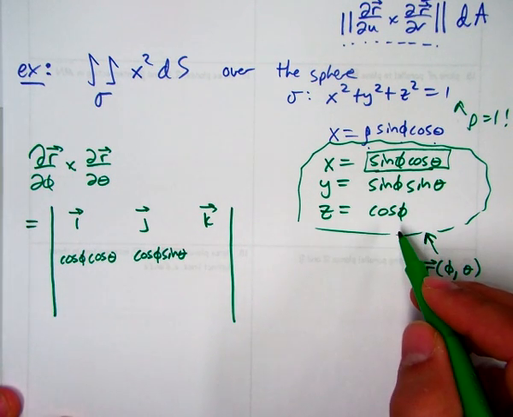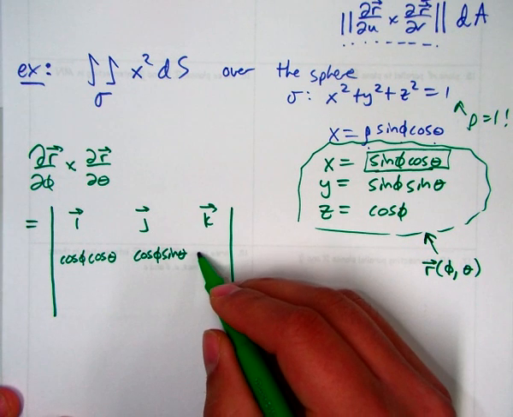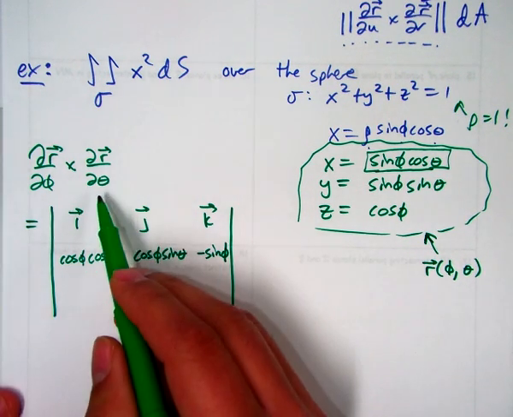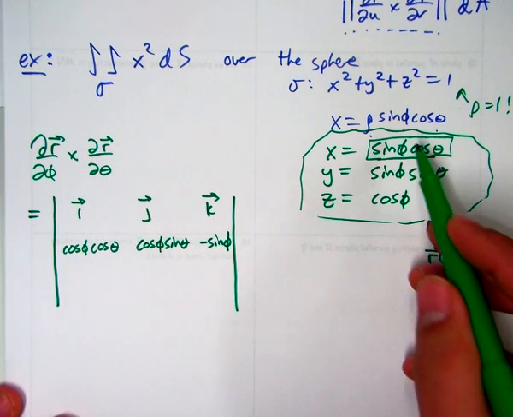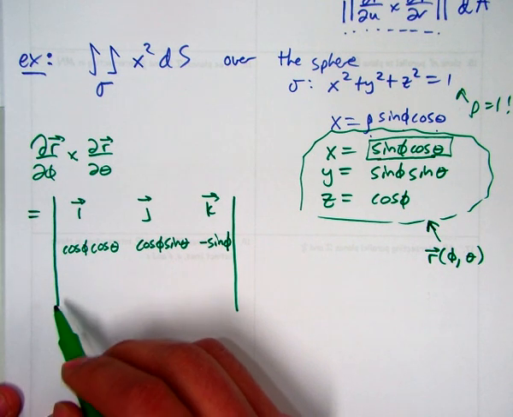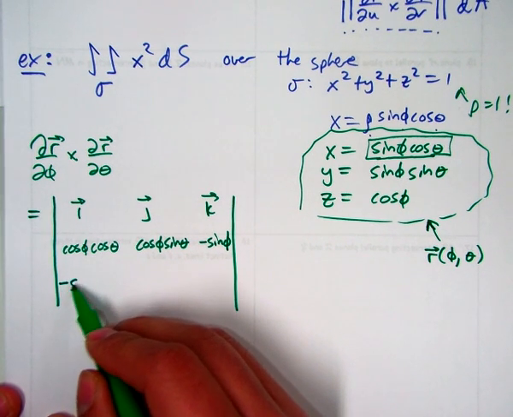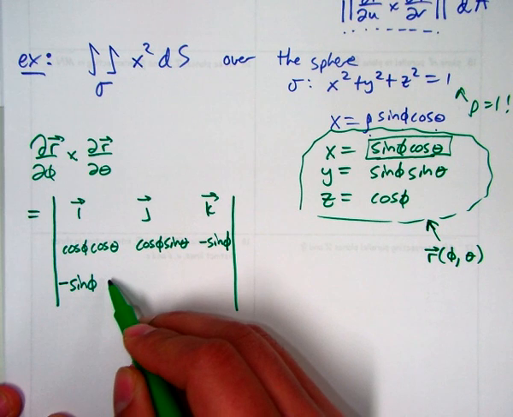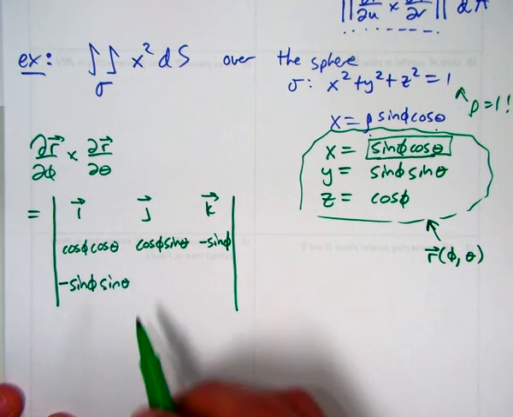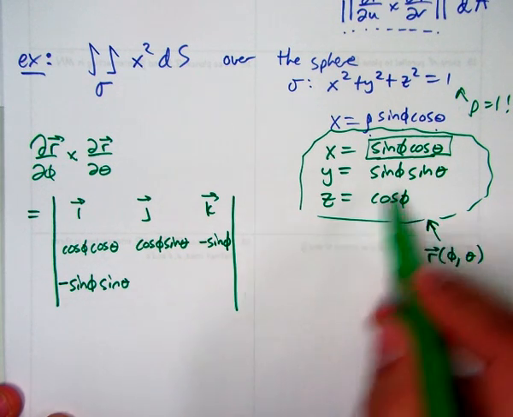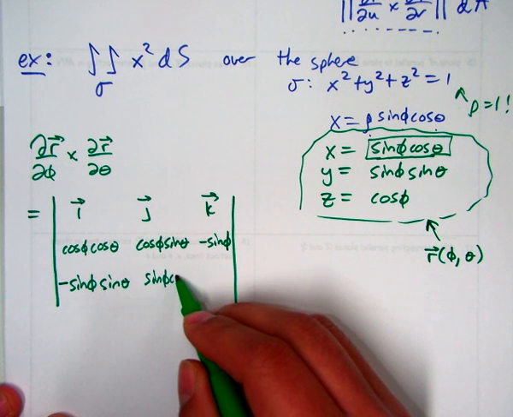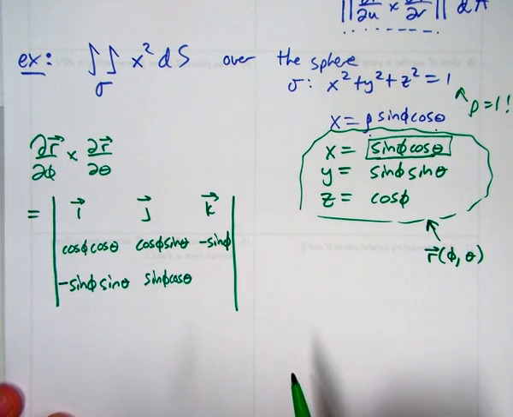And now z with respect to phi, yes. And now we find partial r, partial theta. So take each component, differentiate with respect to theta. Now we get... yep. Yes. Middle one. Yep.